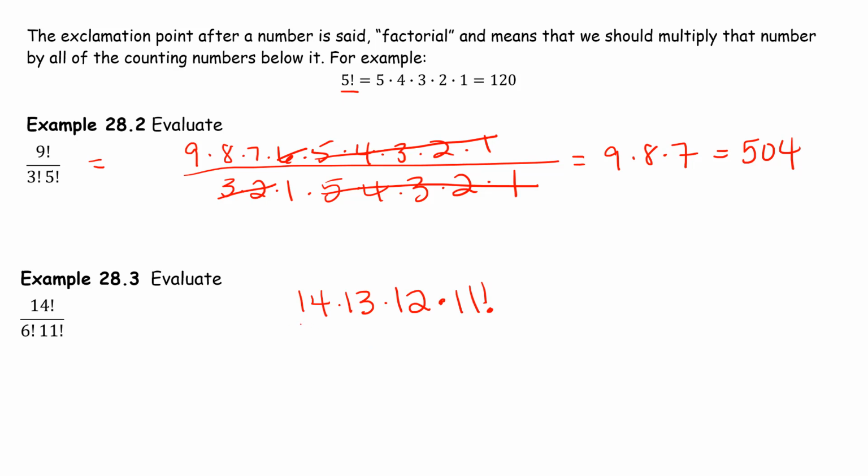I'm going to write the numerator that way, because that way I can cancel the 11 factorial that's in the denominator. And then I still have the 6 factorial down there, which is 6 times 5 times 4 times 3 times 2 times 1.